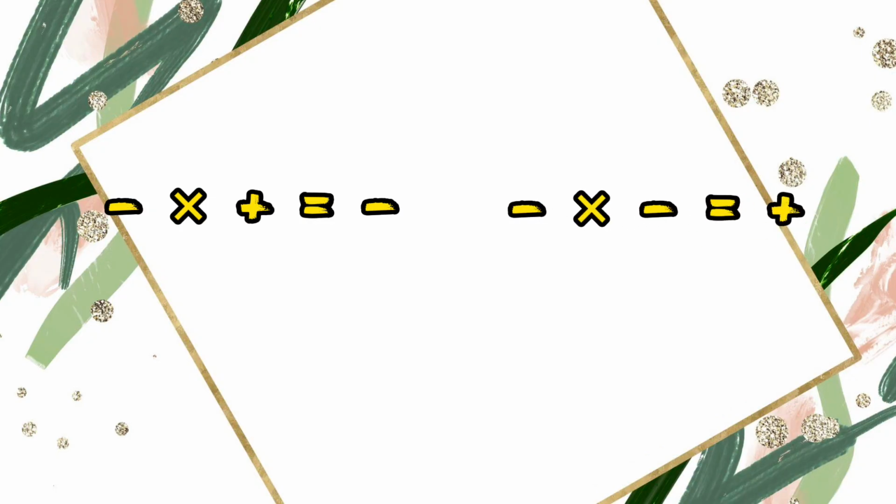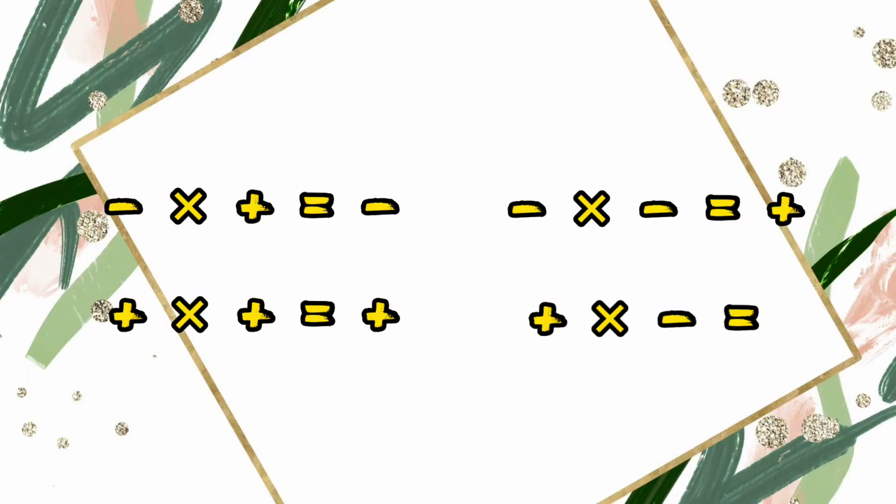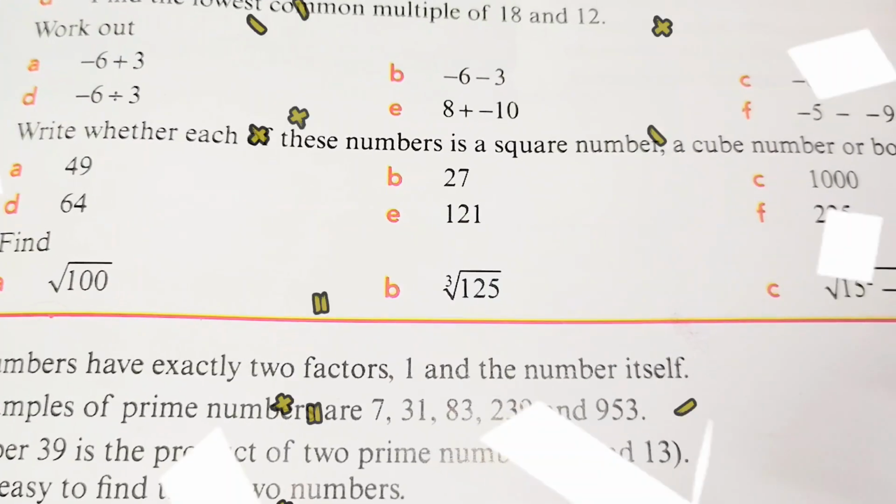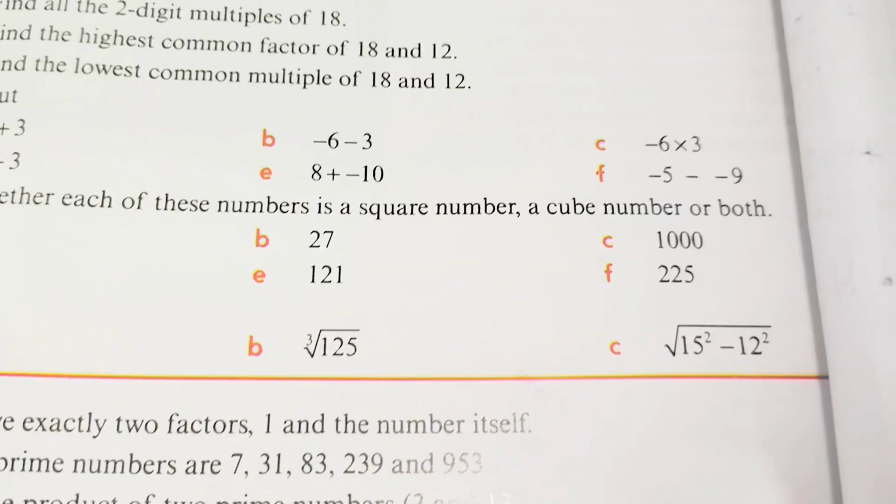Just keep in mind that minus times plus is equal to minus, minus times minus equals plus, plus times plus equals plus, and plus times minus equals minus. Anyways, heading on with the other ones.